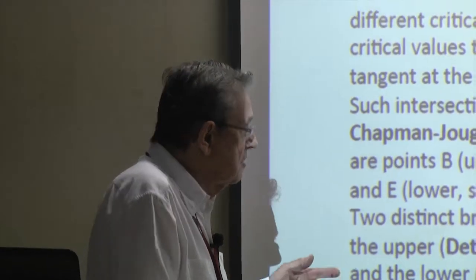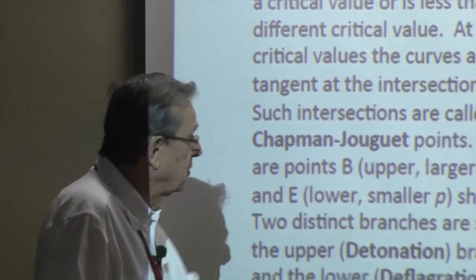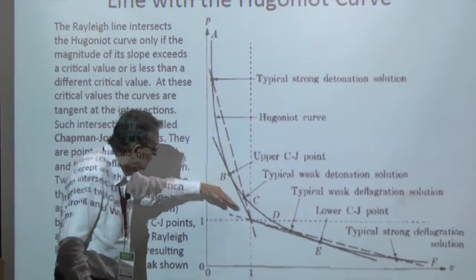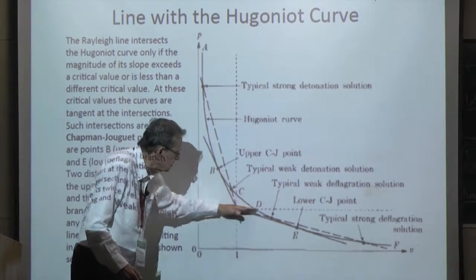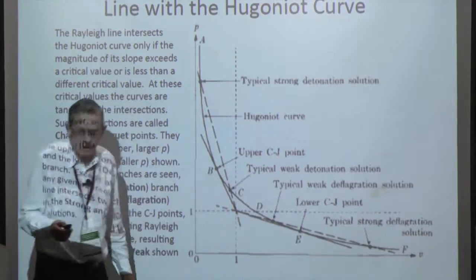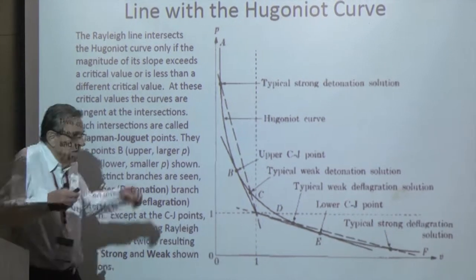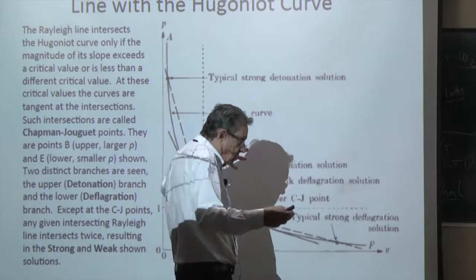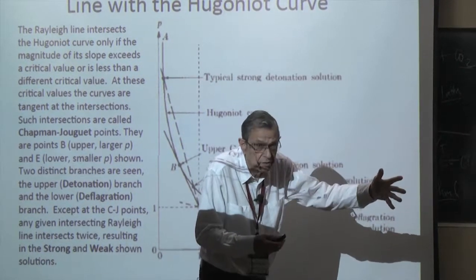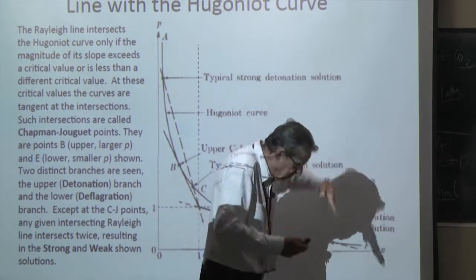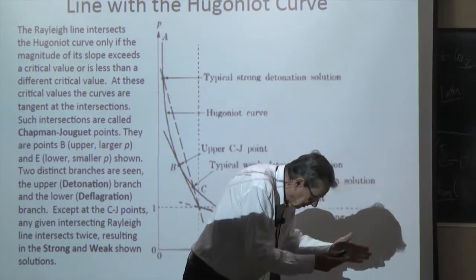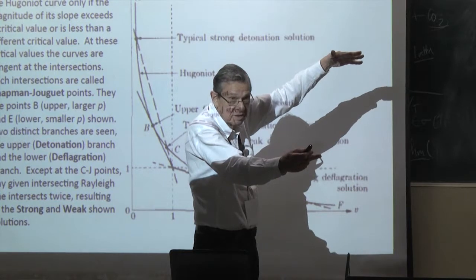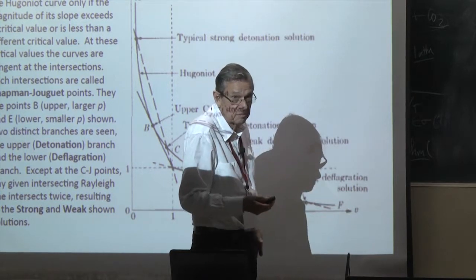Well, first of all, these detonations propagate at supersonic velocities. All of these velocities are supersonic. The tangent condition is sonic. This is subsonic. So detonations all propagate at supersonic velocities. So in order to have a detonation standing there, you got to have supersonic flow coming into it, right? In the converging section of an isentropic nozzle, you have subsonic flow, so you have to be in the diverging section, which is the supersonic flow.